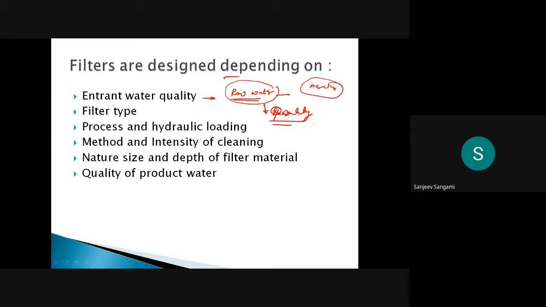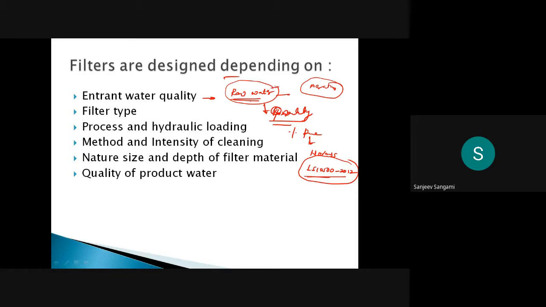If the raw water quality is 100% pure, following the norms we have discussed, that is IS 10,500:2012, then why should we provide a water plant? We can drink it directly, right?